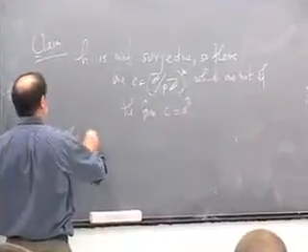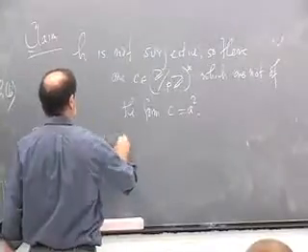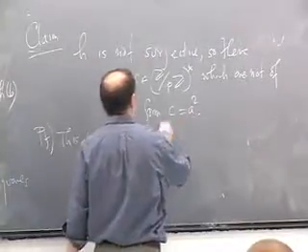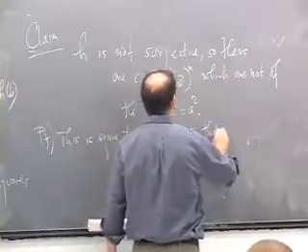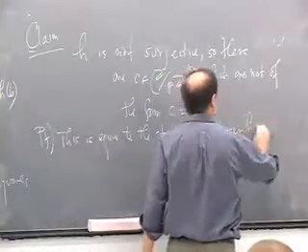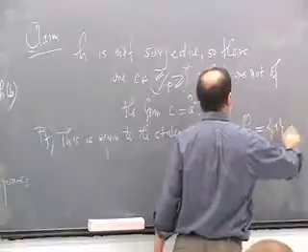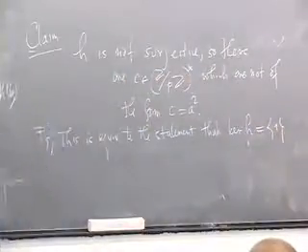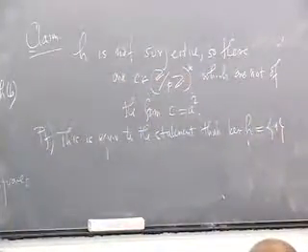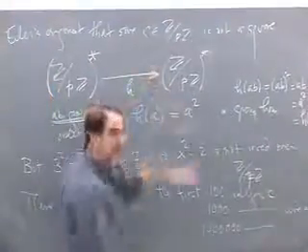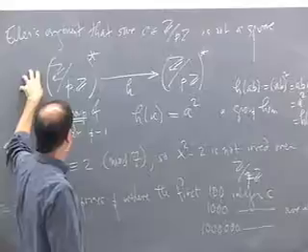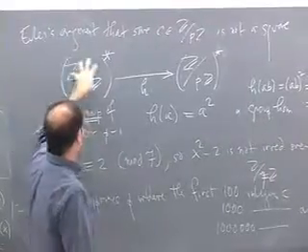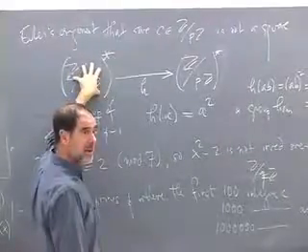Proof: this is equivalent to the statement that the kernel of H is just the element 1. Because you have a map from a group to itself, so it'll be a surjective map if and only if it's a one-to-one map. Because we know that the image is the quotient of this group by the kernel. If there's a non-trivial kernel, the quotient group will have order less than p minus 1.